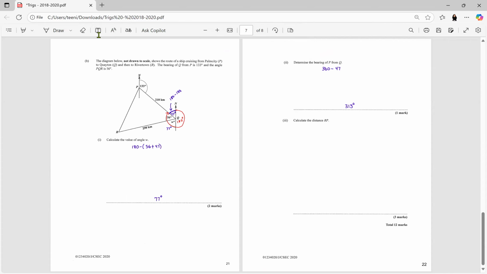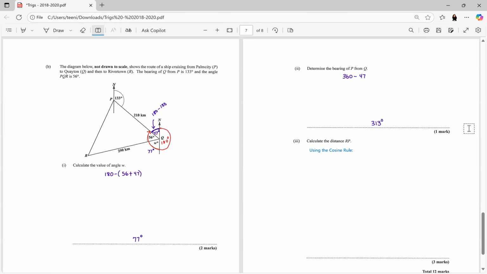So I'm going to type that real quick. Right, so we're going to use the cosine rule. And of course you need to write that, okay? Using the cosine rule. Let me type the rest. So RP squared will be equal to the sum of the squares of the other two sides.